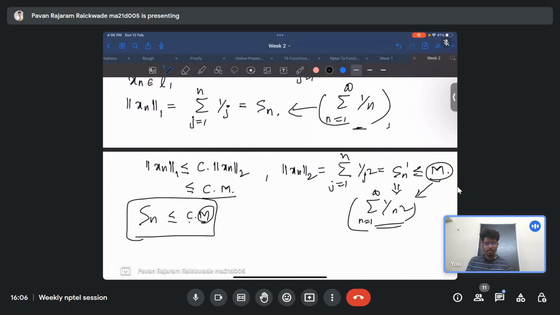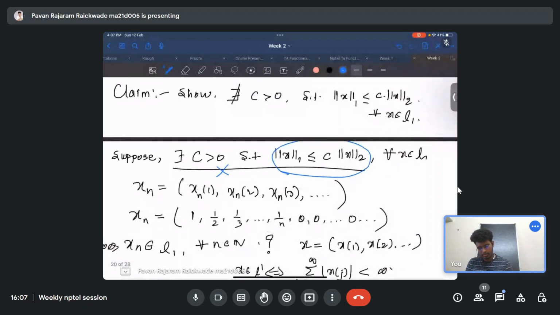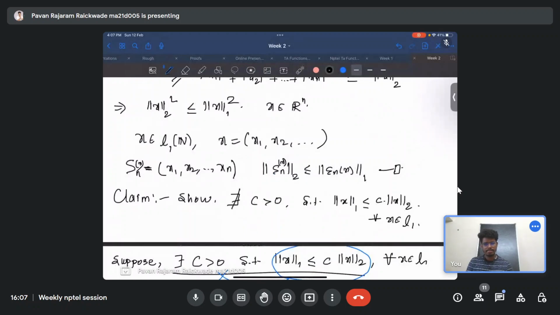But this is the contradiction, because Sn has to be unbounded in order for this series to diverge. So there cannot exist a C such that norm x1 is less equal C times norm x2. Contradiction. Okay, understood?